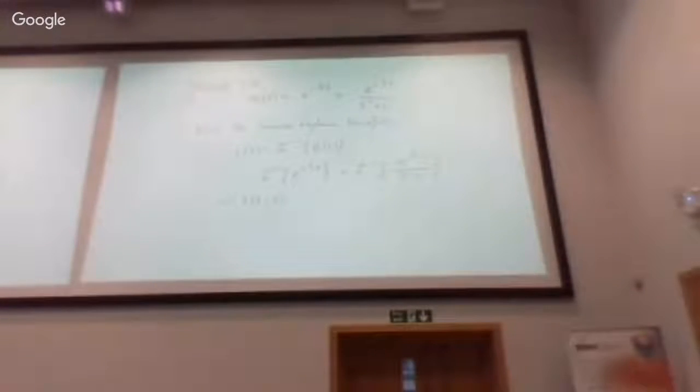So that's using theorem 2.2.6. This part here, so what's going on here? Here we've got a product of an exponential, e to the minus 3s, multiplied by 1 over s squared plus 1.